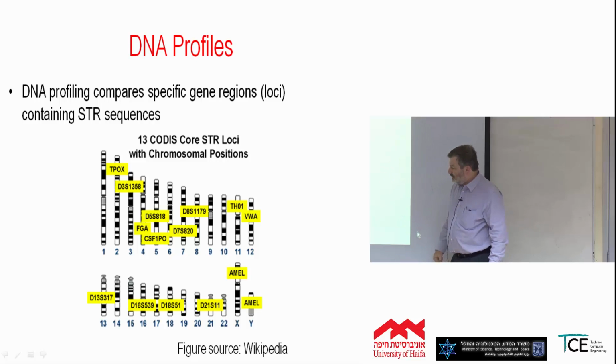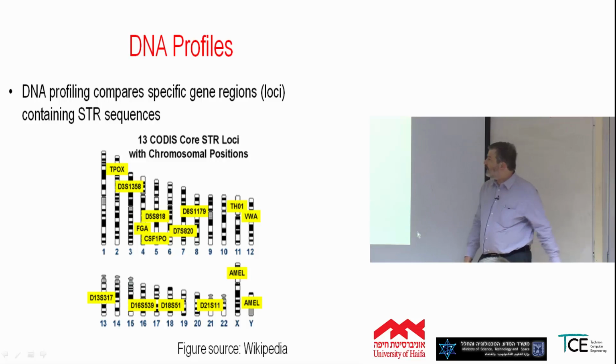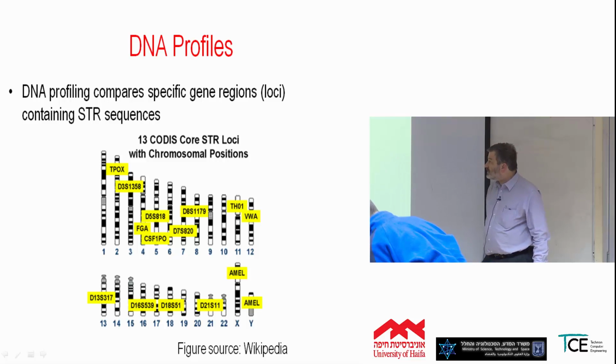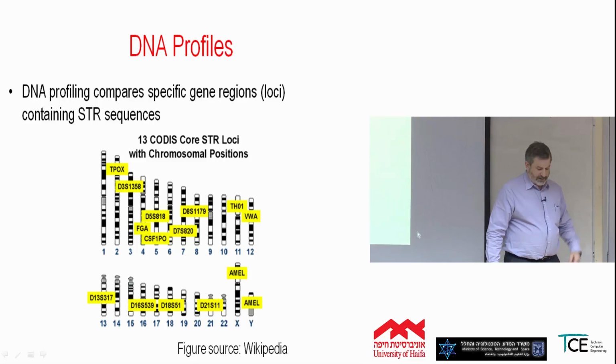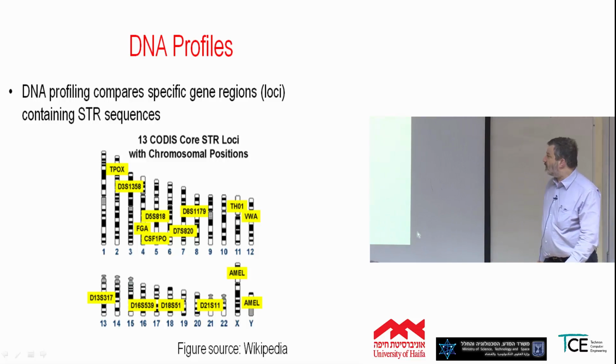I'm going to go into more detail. That depends on the country, the UK, the US, it's a little different. But basically there are 13 locations in the chromosome, and you're comparing the crime scene and the suspect in those locations.